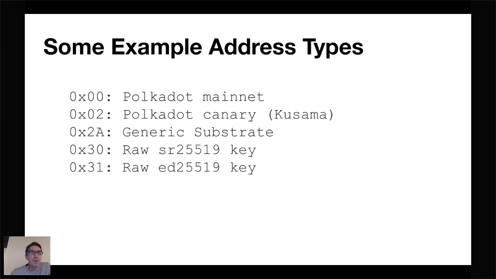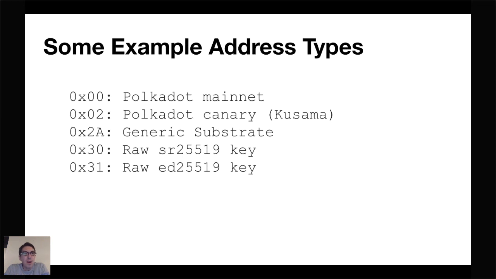However, in Polkadot and Substrate, rather more generally, this is a little bit more powerful. You can say not just which network you're associating with, but also potentially what kind of cryptography you're using. You could have different size addresses, etc.